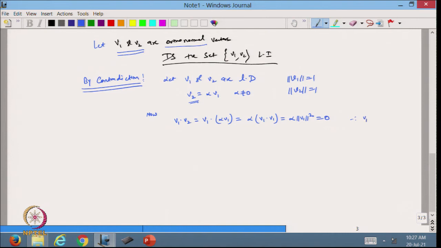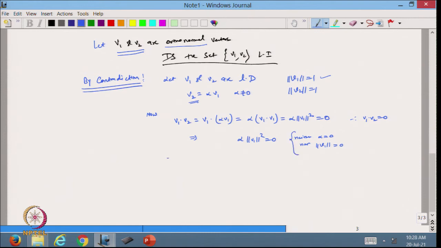Which implies that alpha times the magnitude of V1 squared should be equal to 0. Now, we know that alpha is not 0, and if the magnitude were 0, we know that its magnitude is 1. So I can say from here that neither alpha is 0 nor V1 is 0.